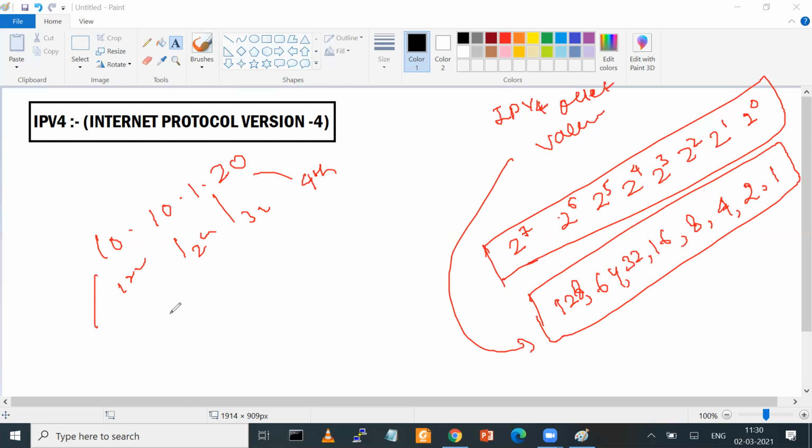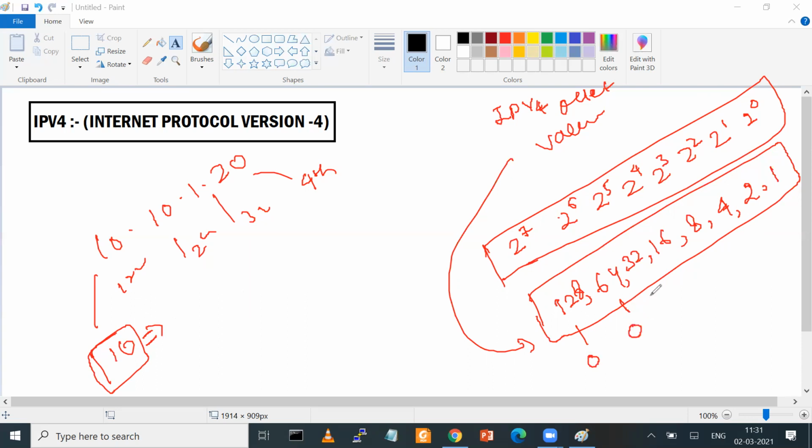Let's say you want to convert this first octet value into octet format. सो देखो ऑक्टेट फॉर्मेट में करने के लिए आपको क्या करना है, whichever number we use below that number we use 1, otherwise we use 0. Let's say I want to form 10, मुझे 10 बनाना है, तो मैं 128 तो यूज नहीं करूंगा, 0.